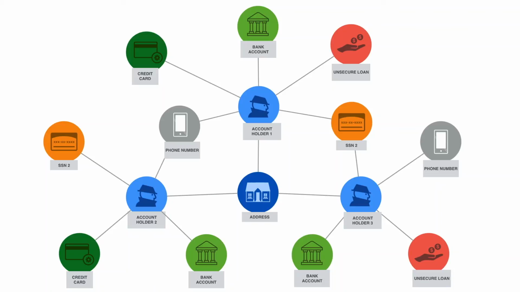In this case, you can see near the center top, account holder 1. We're seeing that that person has a bank account, has loans, has a phone number, has a social security number, and you're seeing in this case that they are sharing a social security number with someone who claims to be a different person.